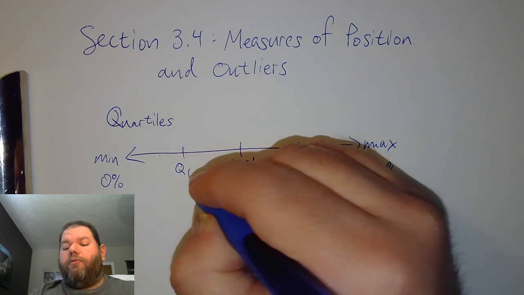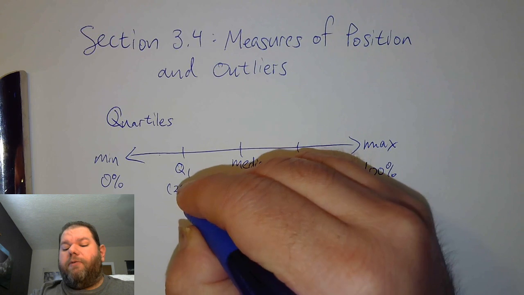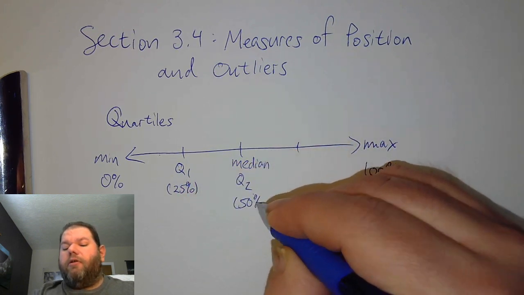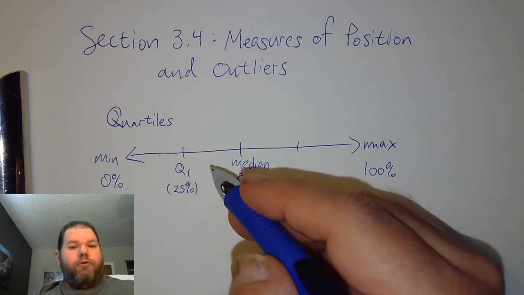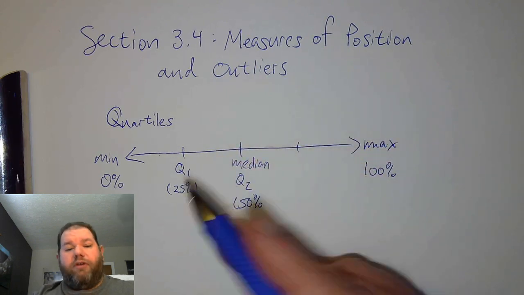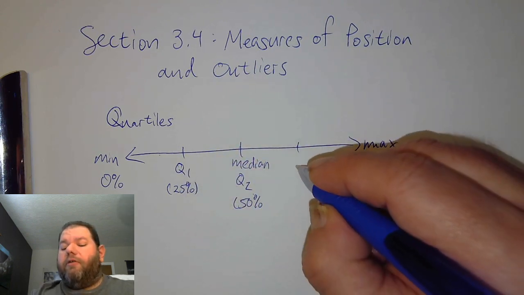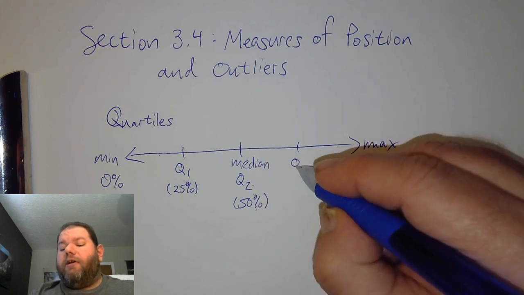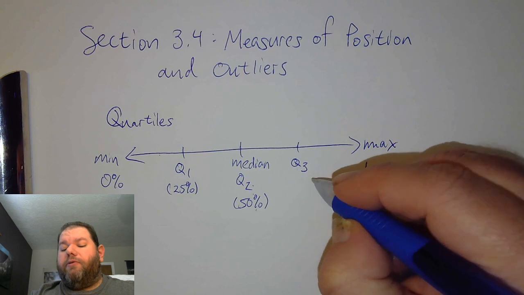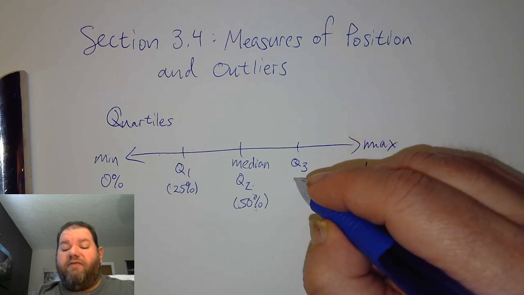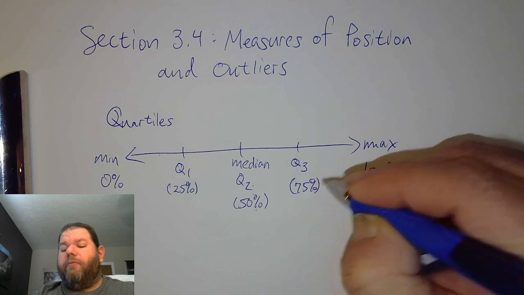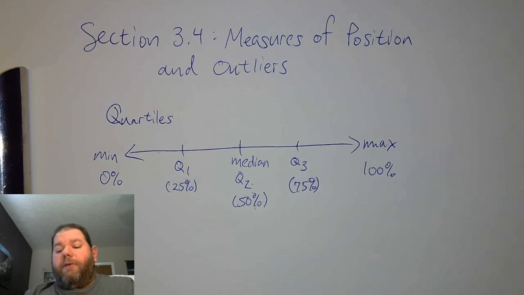Then we have Q1, which is the 25th percentile, the first quartile. The median is the second quartile, which is 50%. And then we have Q3, our third quartile, so 75%. So basically, this gives us a way of dividing up our data.